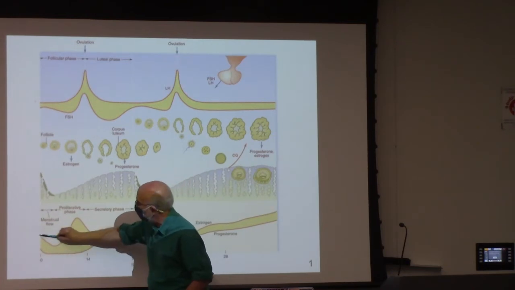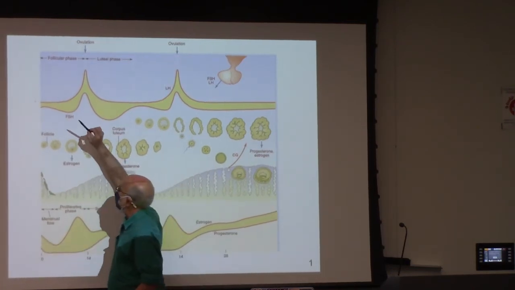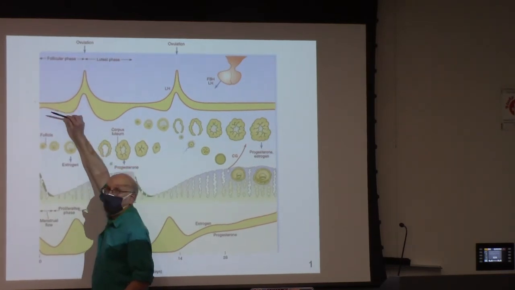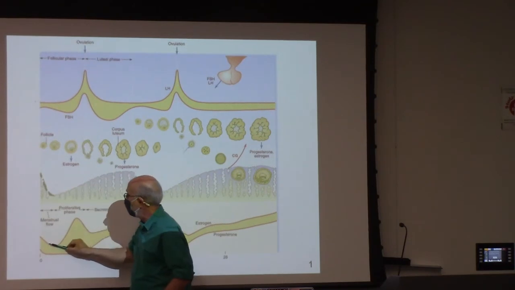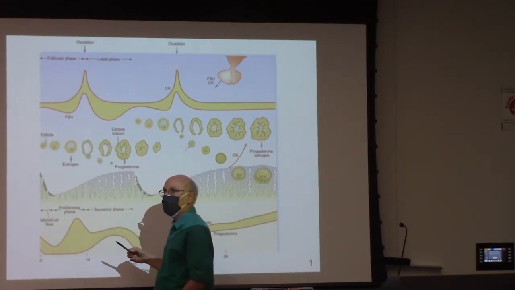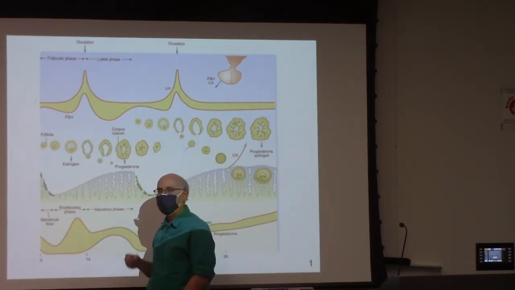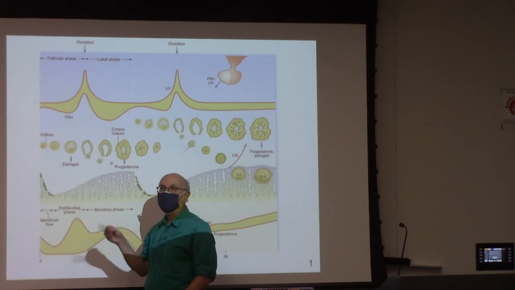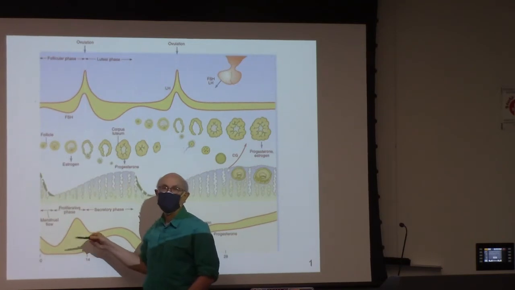Remember, low estrogen is what mediates negative feedback and a stable and low LH and FSH. But as estrogen increases, there's a transition to positive feedback. Positive feedback loop, sort of like the action potential, if you want to use that as an analogy. The action potential happens in milliseconds. This happens over the period of days.